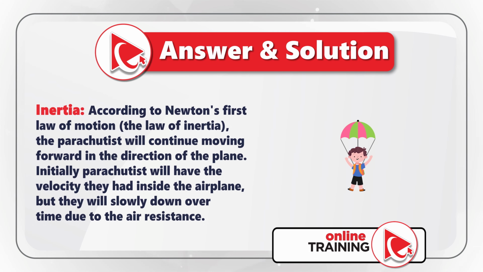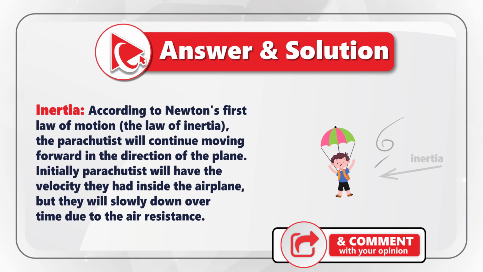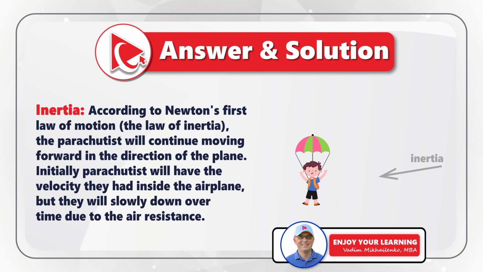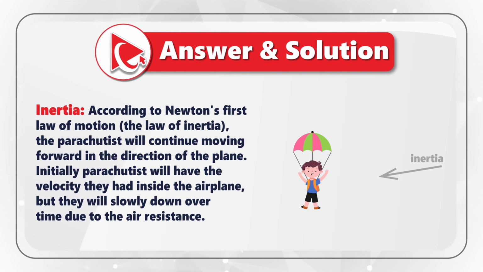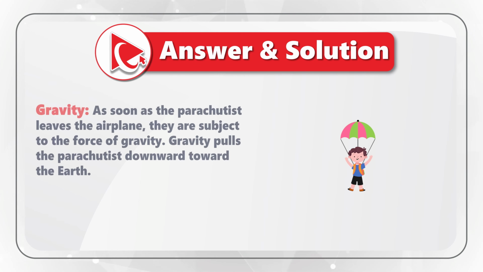Number 1 is inertia. According to Newton's first law of motion, the law of inertia, the parachutist will continue moving forward in the direction of the plane. Initially, the parachutist will have the velocity they had inside the plane, but they will slow down over time due to air resistance. Another force that will define the trajectory is the force of gravity.